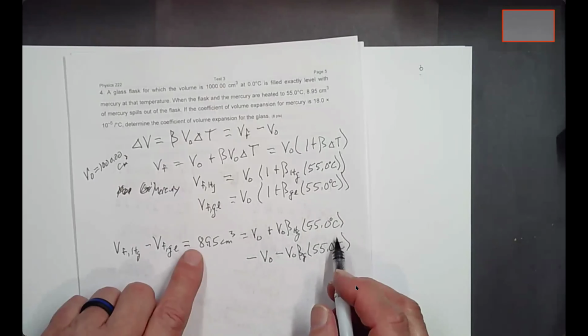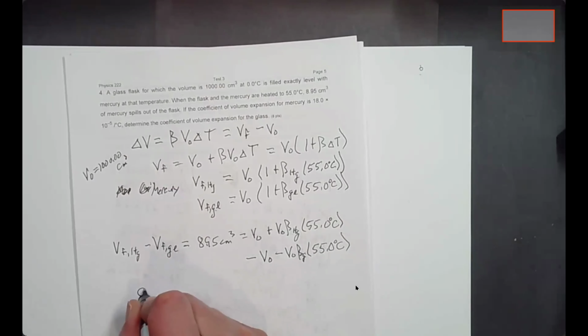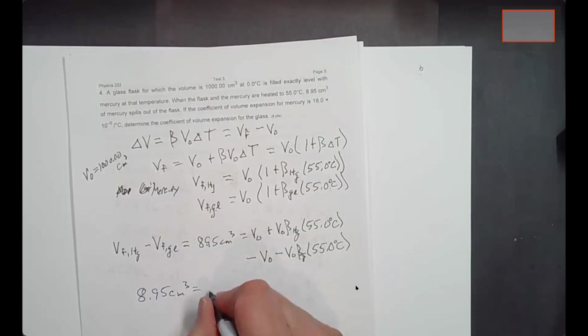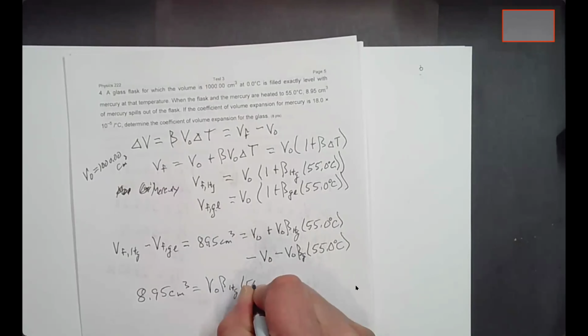So if I bring this down, I would have 8.95 centimeters cubed is equal to V naught beta Hg times 55.0 degrees Celsius.